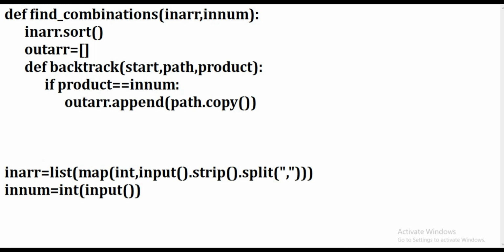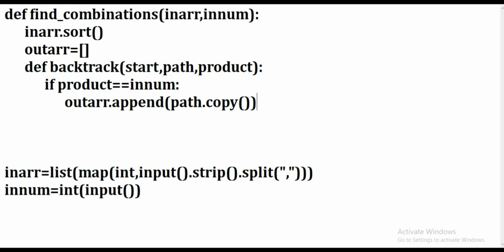The stored numbers are kept in the path, and that path copy is placed in the outer array. If the product equals the target, the current combination is valid, so it is added to the results outer array.